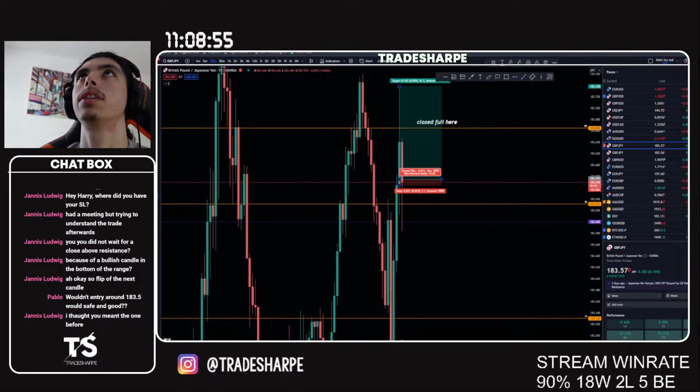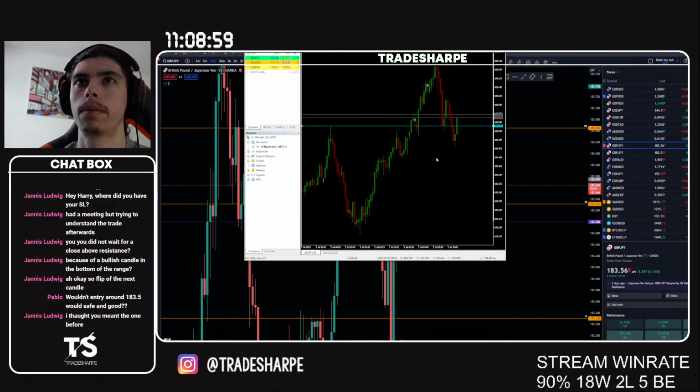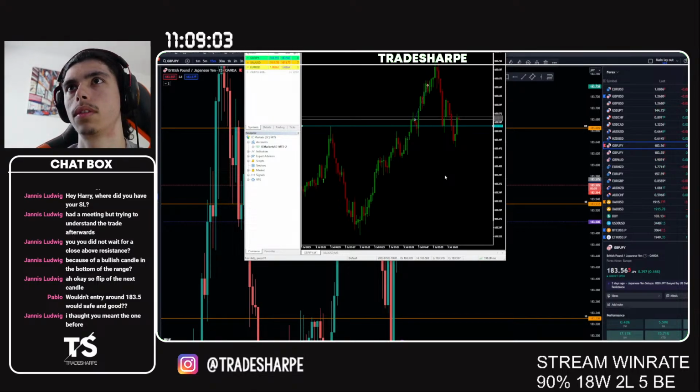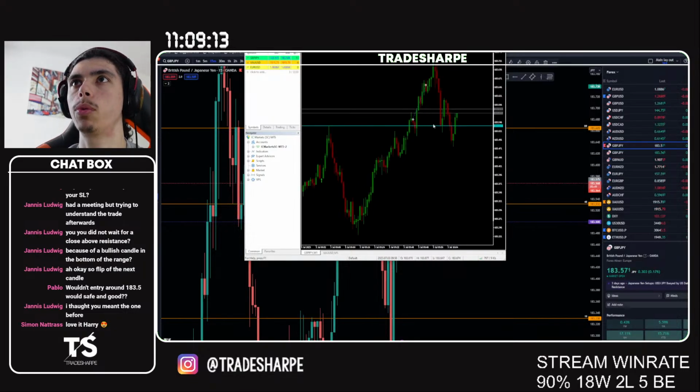This was the trade, you guys can see it. Entered there. And that's how I closed my TP. So after it started moving down, I didn't like it and I closed. I didn't have a line. If I had a line here, I probably would have waited for this candle to close above.